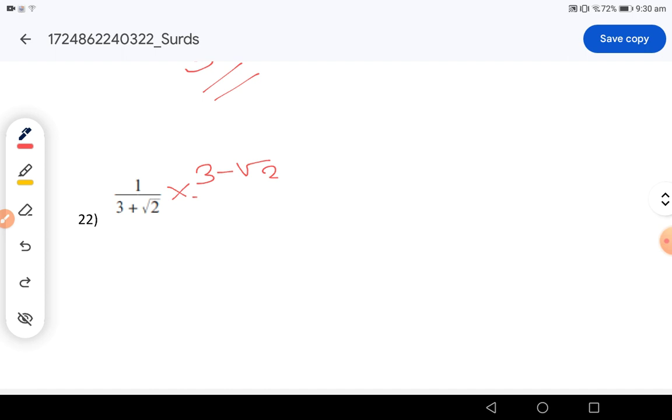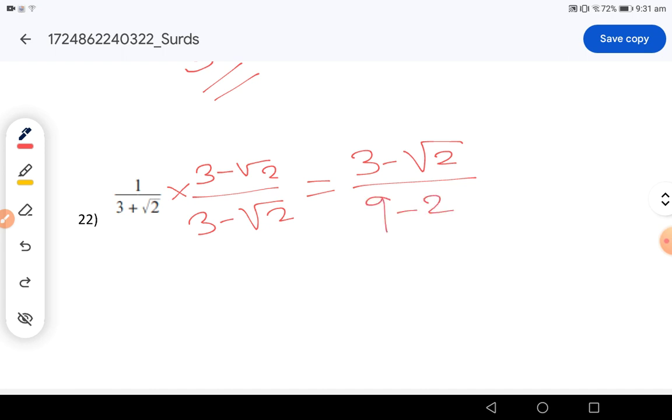Root 2 by 3 minus root 2. So 3 minus root 2 by 9 minus 2, 3 minus root 2 by 7.